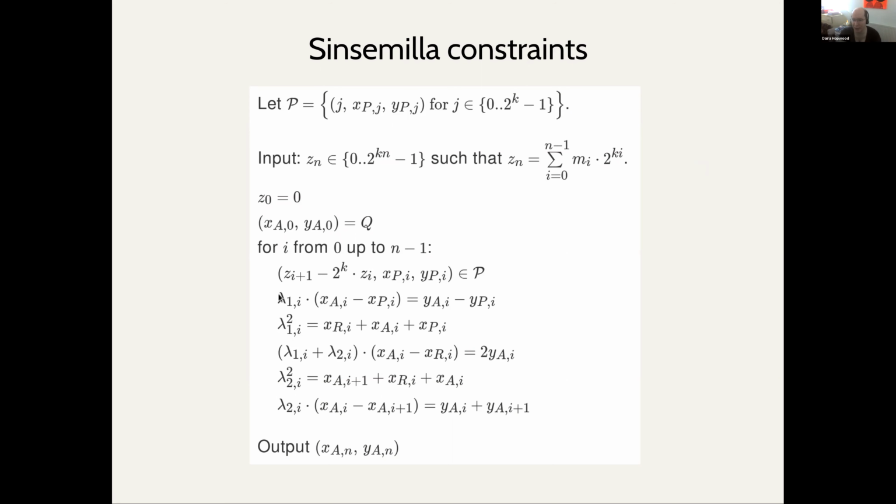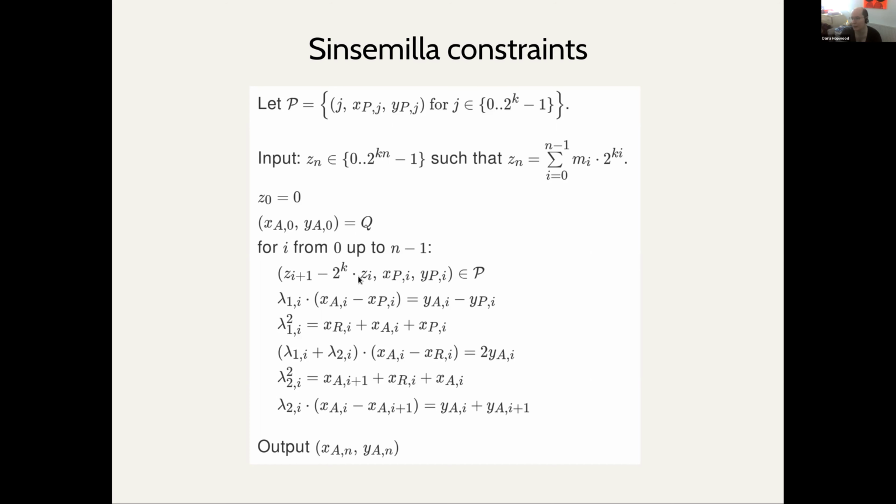I'm just going to skip this because this is basically showing the constraints in more detail. This first line of the loop is taking the next part of the message bits, and it's simultaneously constraining that to be within a given range.